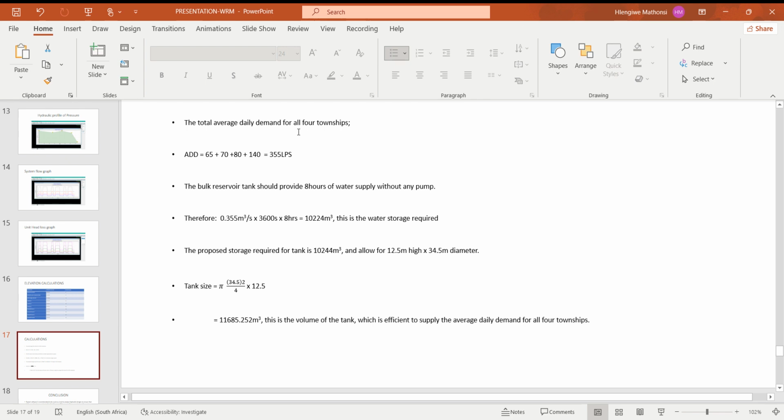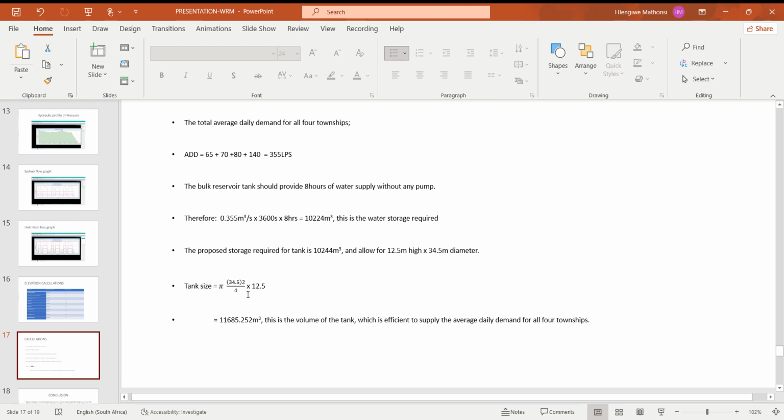According to the average daily demand for all four townships, we're supposed to have a storage tank of 10,224 meters cubed. The proposed storage in this project was 10,244 meters cubed, allowing for 12.5 meter height times 34.5 meter diameter.